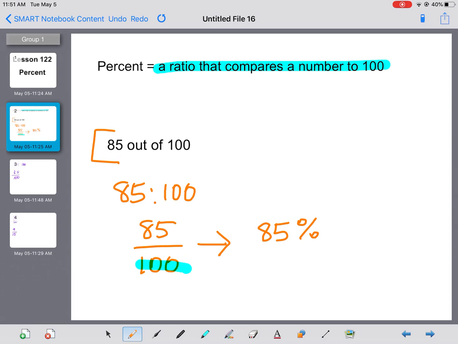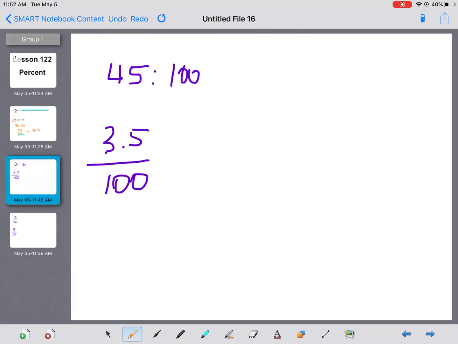So if you came across a ratio like 45 to 100, you write it as 45%.